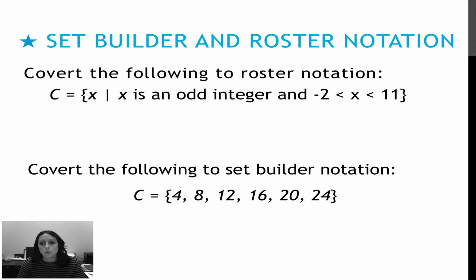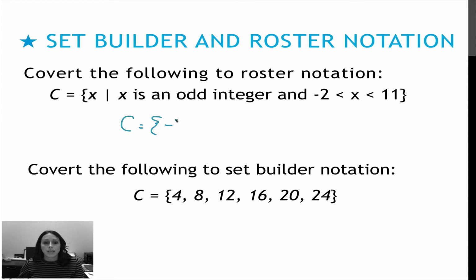between -2 and 11. So first let's notice that here this is not an "or equal to", and so I'm not going to include the number -2, but I'm looking for all of the odds between -2 and 11. So if I'm writing it in roster notation, I'm still going to use my set bracket. I'm not going to use -2.